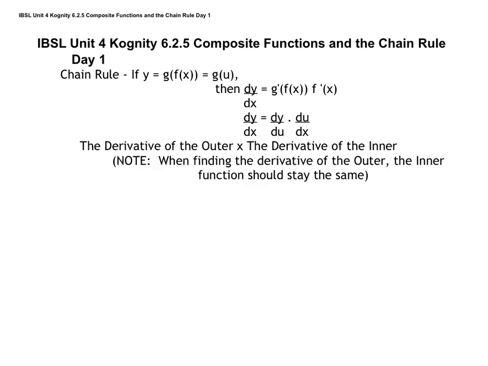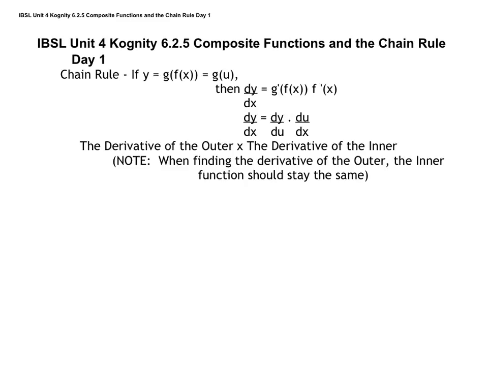So, to deal with composite functions, we're going to be using something called the chain rule, all right? So what the chain rule is dealing with is this idea of we have g of f of x. We have this function that's inside another function. We often will just use a u to represent that inner function, okay?